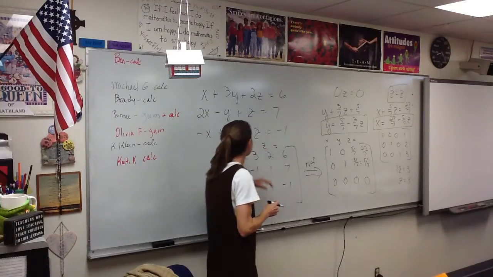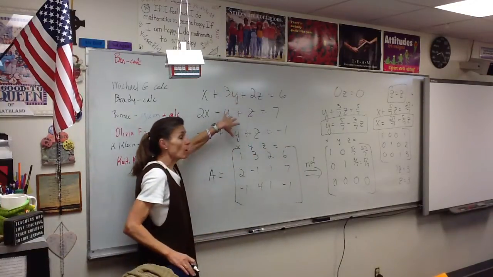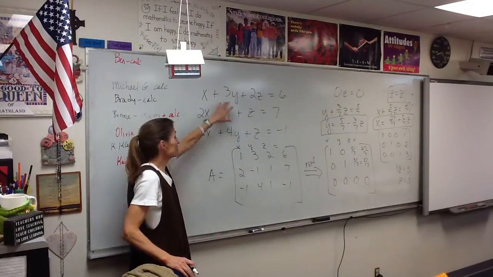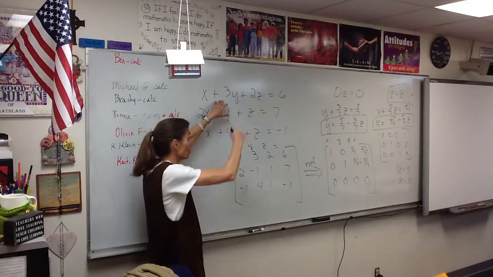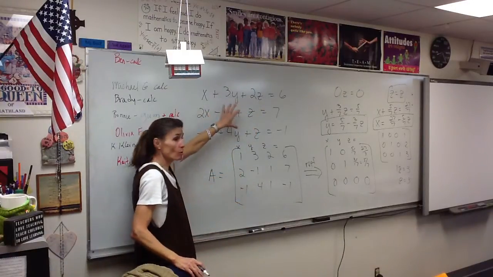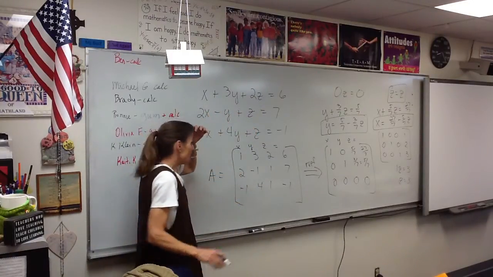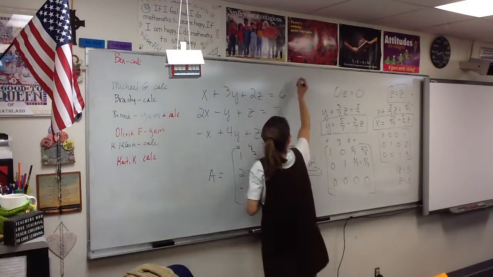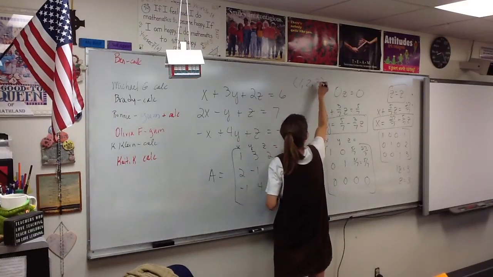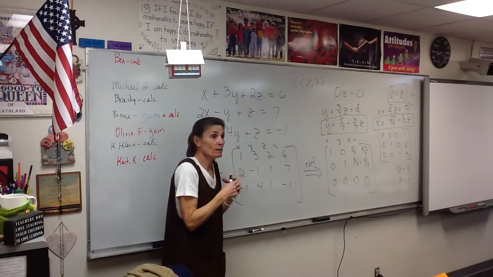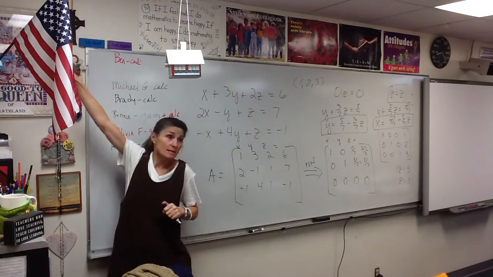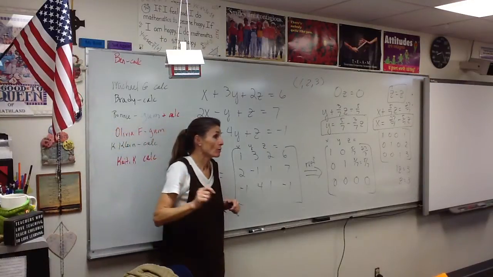Here's what's happened. These equations that we've been working with today are equations of planes, like the ceiling and the wall and the floor. The first couple problems we did where we got an answer like 1, 2, 3, X was 1, Y was 2, Z was 3, that means all 3 planes are coming together in a single point, like they do in the corner of the room.